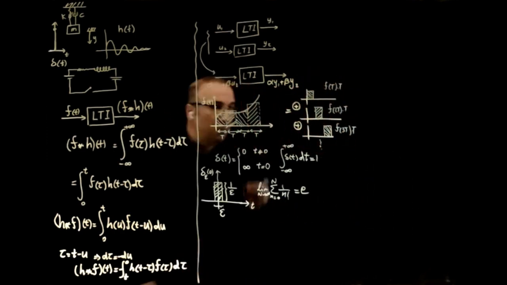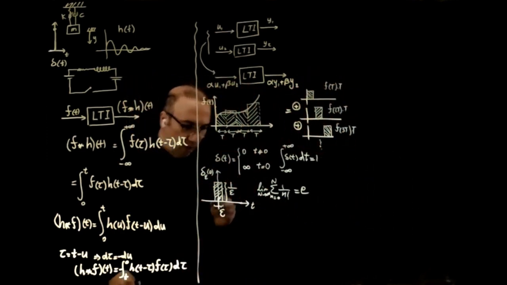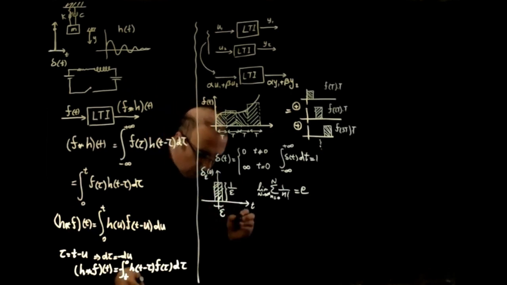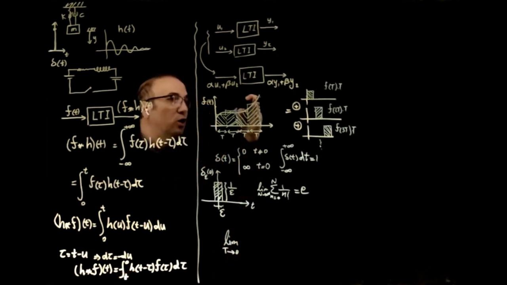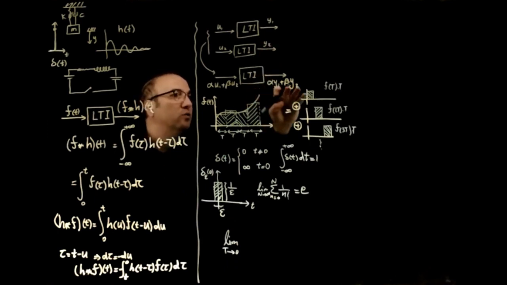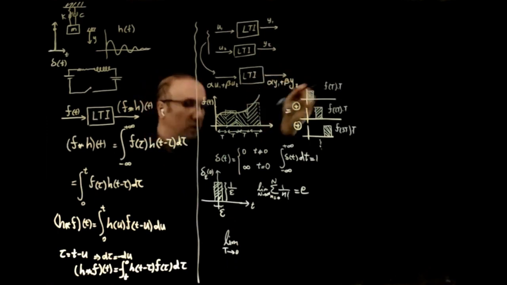So what I'm saying mathematically is that my response should be, let's say, we are talking about the limit of T goes to 0. And then I sum over all responses. You see, I sum over all responses.